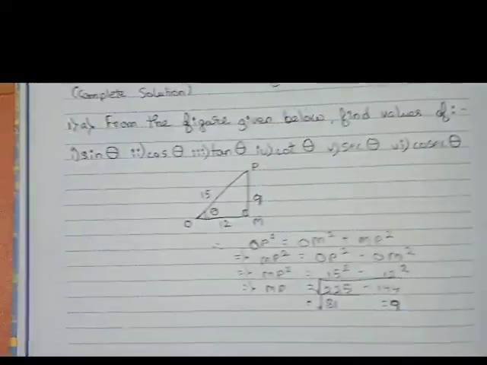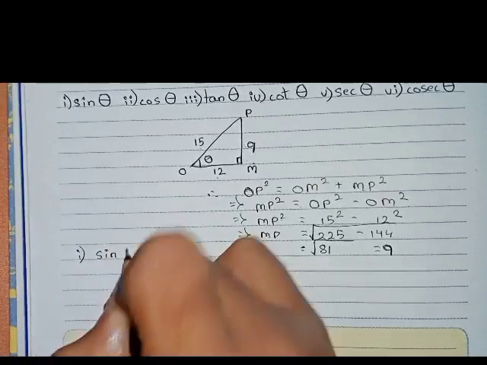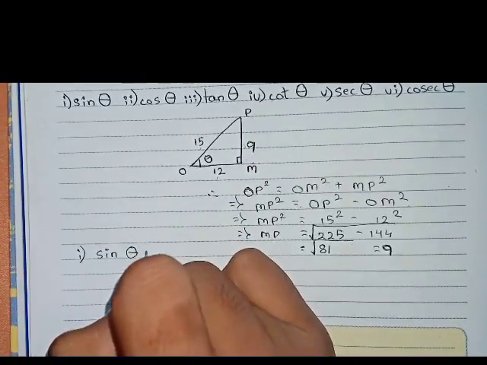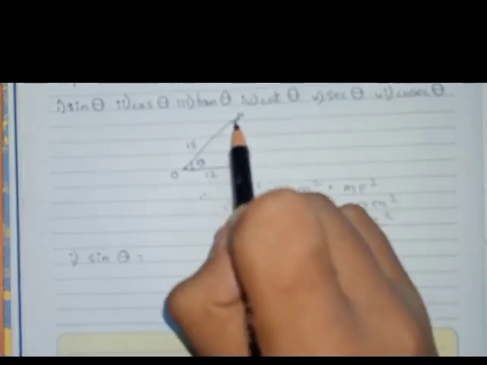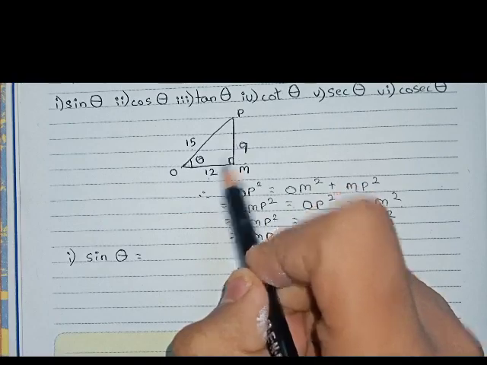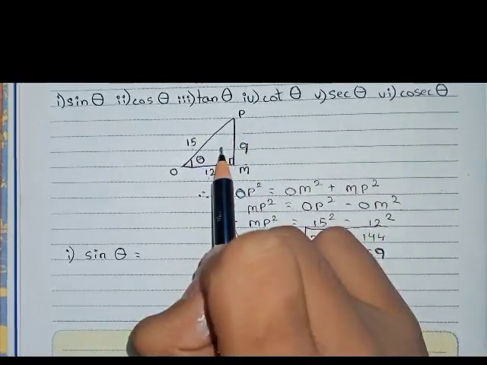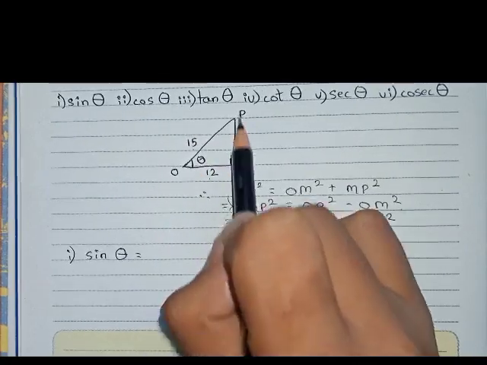So first we need to find out sin theta. Here theta is the angle POM. This is denoted by theta here. Now the side which is opposite to the angle theta is PM.